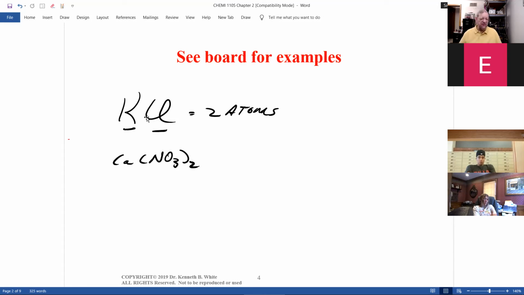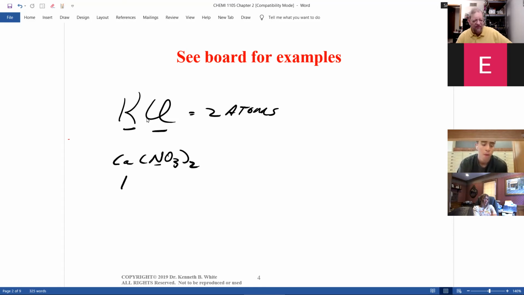And why don't you try this one? How many atoms are in calcium nitrate? Ca(NO3)2. All right, let's do it. This is 1.